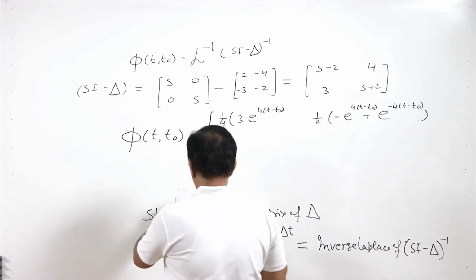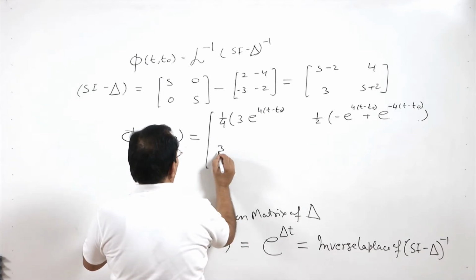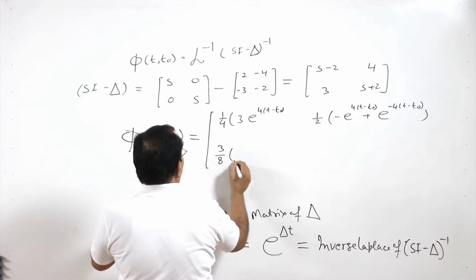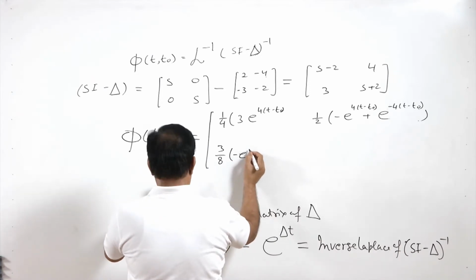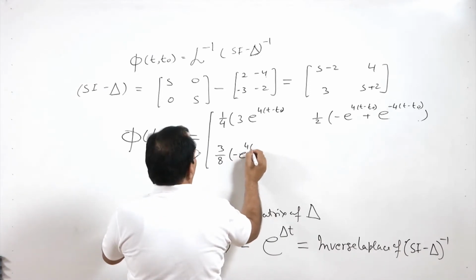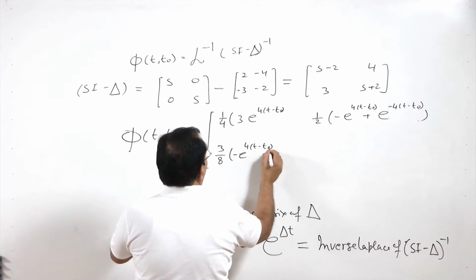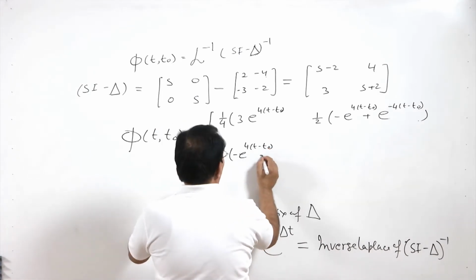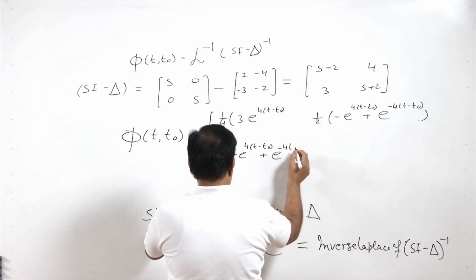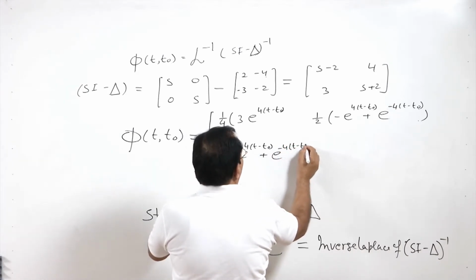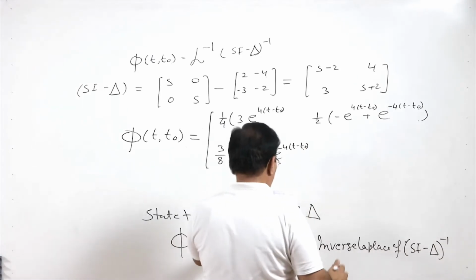This is my first row, and second row is 3 by 8, minus e to the power 4 t minus t naught plus e to the power minus 4 t minus t naught.